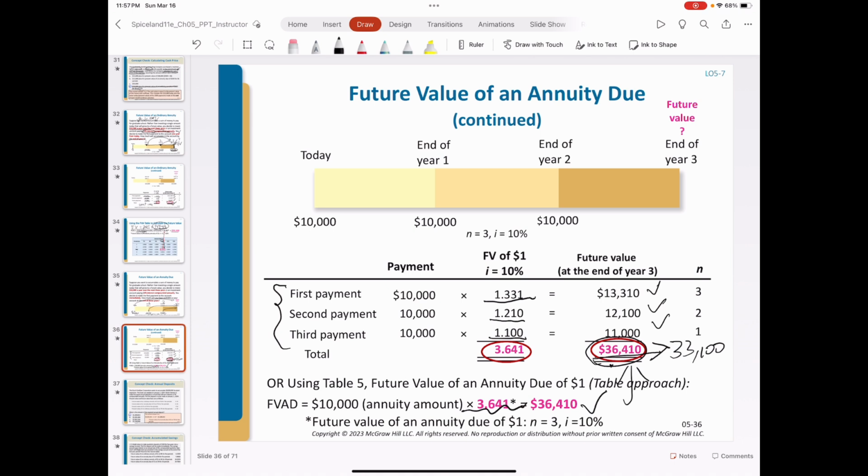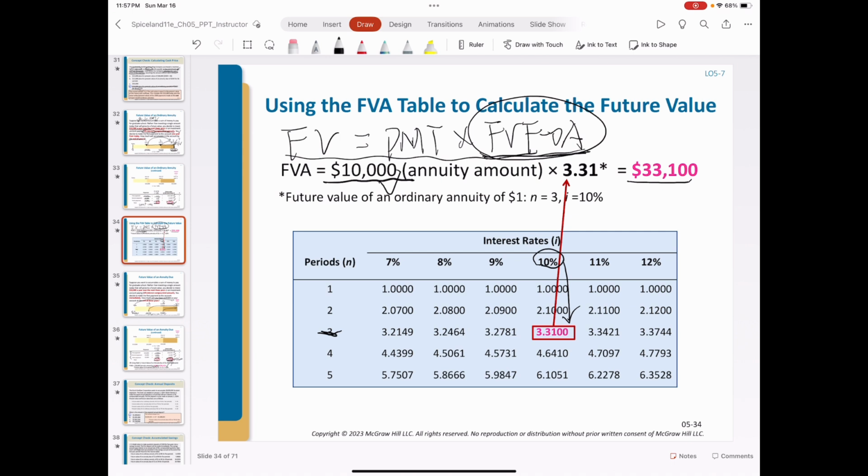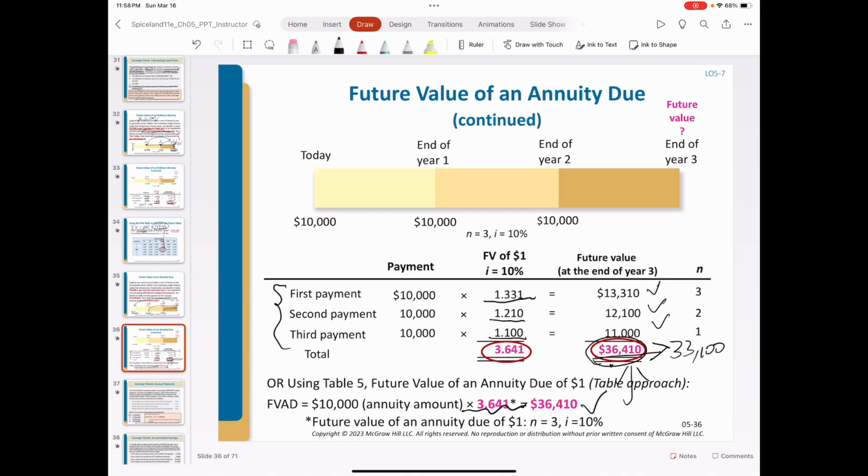Even if I don't have the table for the future value of an annuity due, because of their relation, I can use the results from the ordinary annuity. For 3 periods, 10%, the factor was 3.31. Based on the relation between annuity due and ordinary annuity, I know the future value factor must be the ordinary annuity future value factor multiplied by 1 plus interest, 10%.